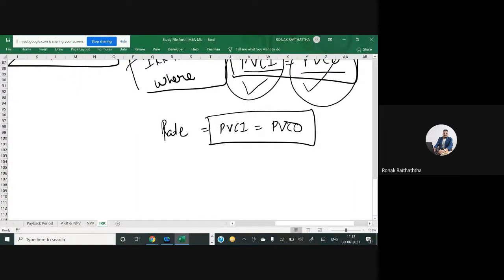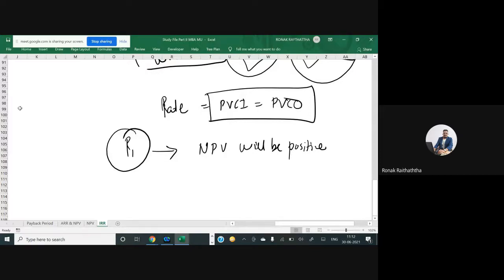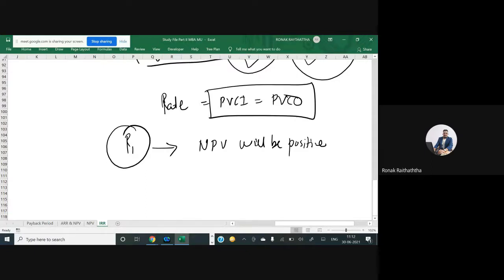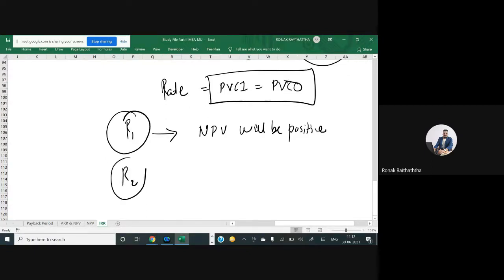Now when do you use the interpolation? When you use this trial and error method. So first you will take one rate where NPV will be positive. Now sir, which rate will we take? Now that's entirely up to you. You may take 5%, 10%, 15, 20, whatever you want to. And we will take another rate where NPV will be negative.